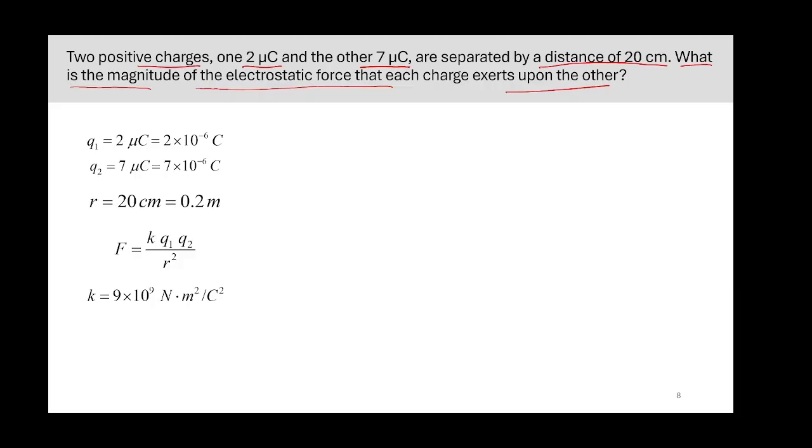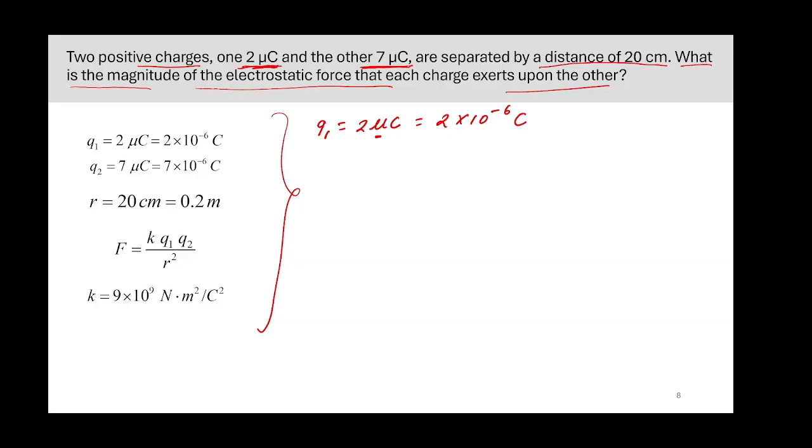And first, we need to convert our units to be consistent. Before doing that, we talked about the unit of charge, right? And we said the SI unit is coulomb, and the given problem is in microcoulomb. So let's change this charge. The first charge is 2 microcoulomb, and micro is 10 to the minus 6 coulomb.